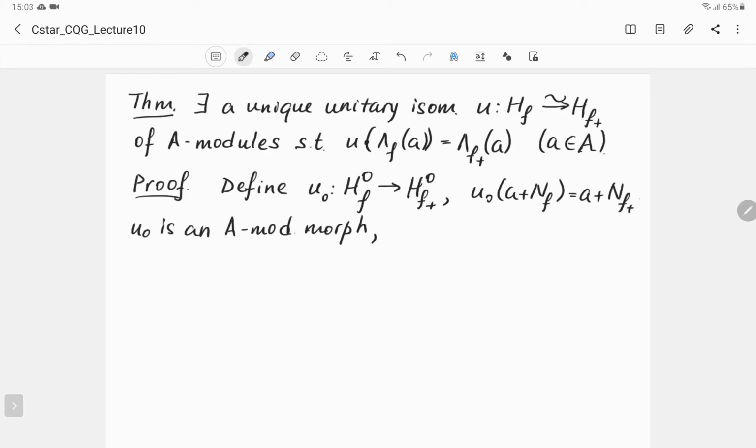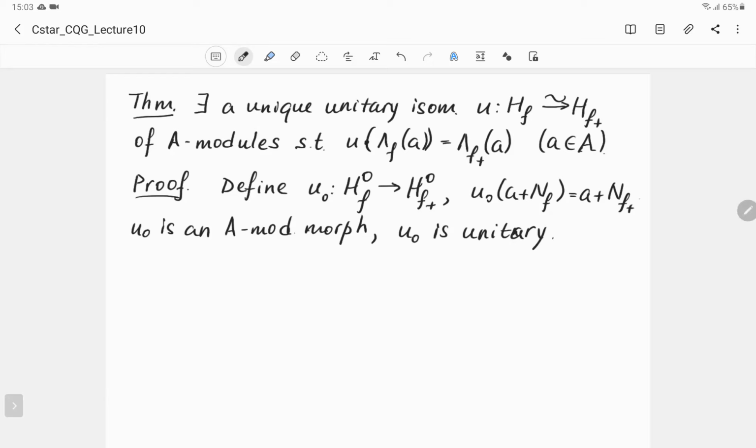Also, it's clear from the construction that U0 is unitary, that is, it preserves the inner product. This is also clear because the inner product on H_F0 is defined in terms of F, and on H_F plus 0 it is defined in terms of F plus, but F plus extends F. So U0 preserves the inner product. Okay, so U0 is unitary.